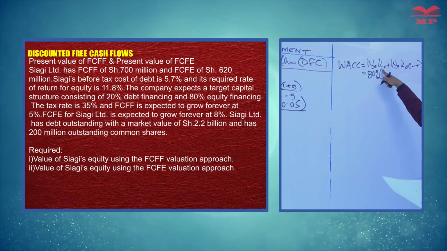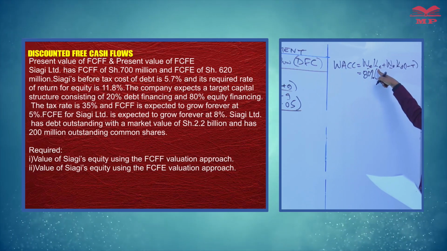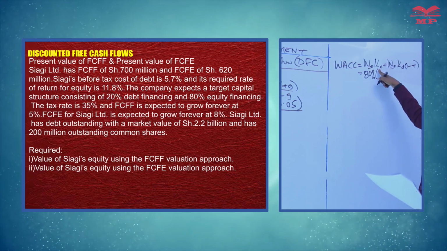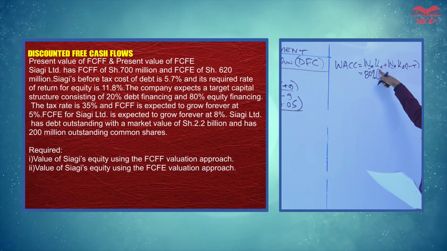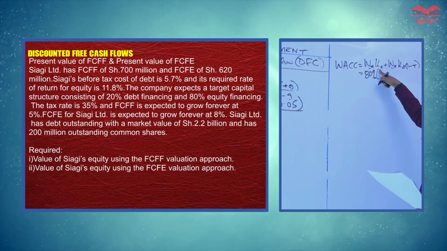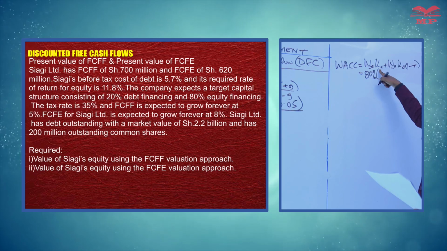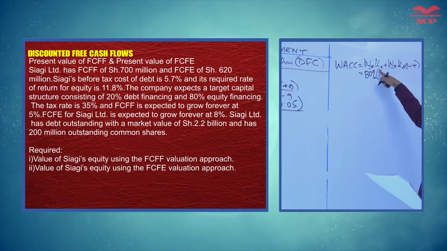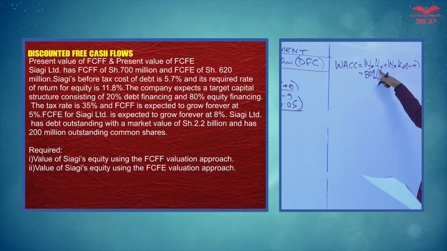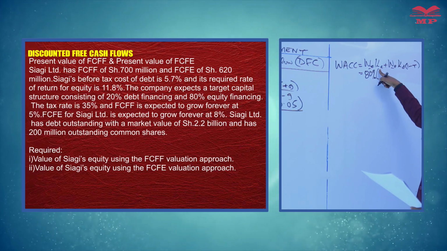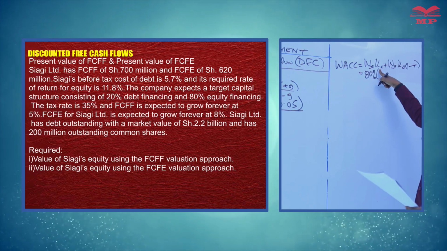The cost of debt is 5.7, and the cost of equity is 11.8.